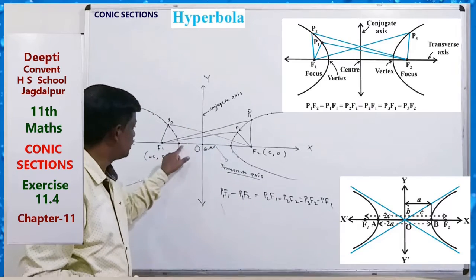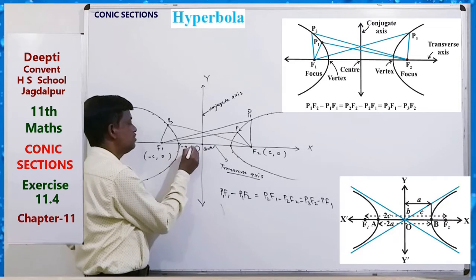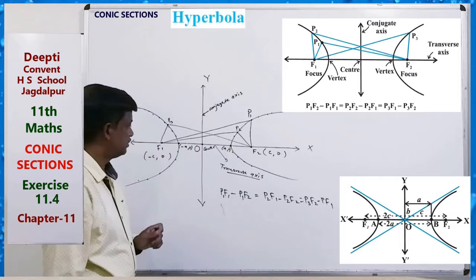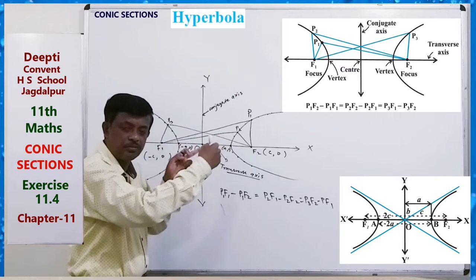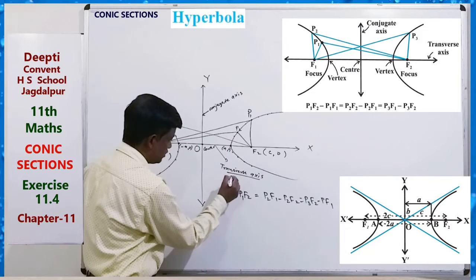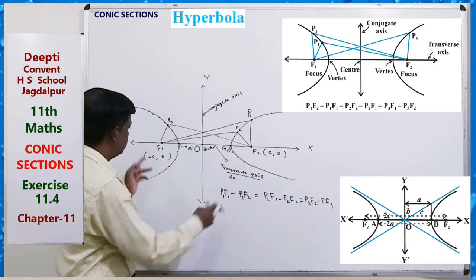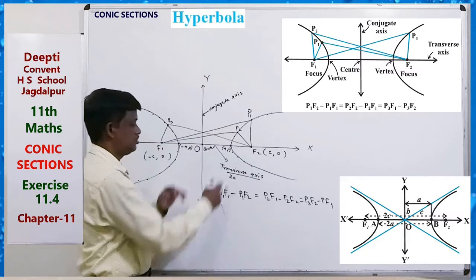This is (minus a, 0), this is (a, 0). Clear? This distance is a, so 2a is the length of the transverse axis, and this distance is 2c, c and c.